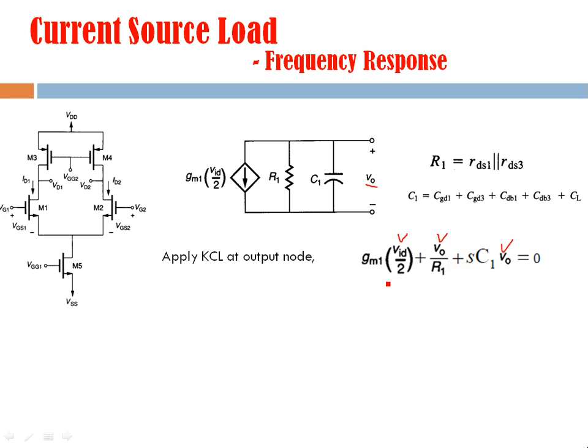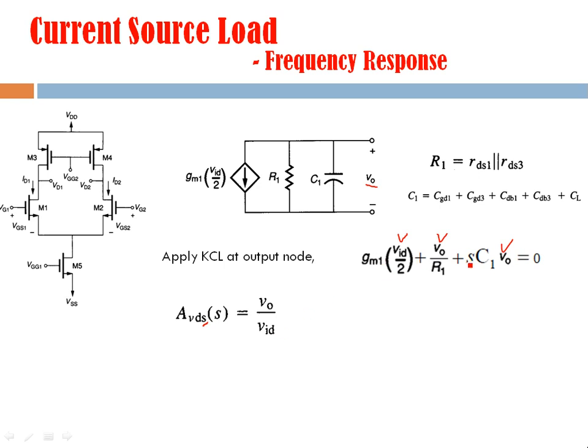So we can do some mathematical manipulation, and we can separate out V0, and divide V0 by VID. That way we can find the ratio of output voltage to input voltage, and you can see it's mentioned as single-ended output divided by differential input voltage.